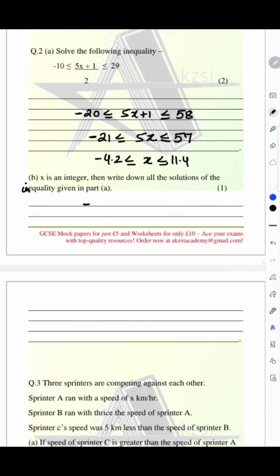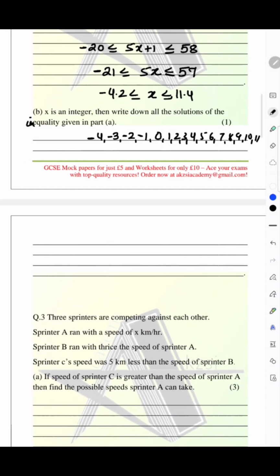So negative 4, negative 3, negative 2, negative 1, 0, 1, 2, 3, 4, 5, 6, 7, 8, 9, 10, 11. These are all the integers of this solution.